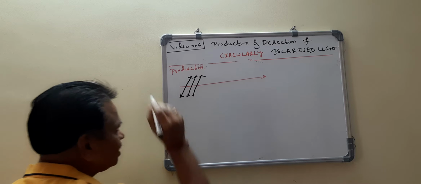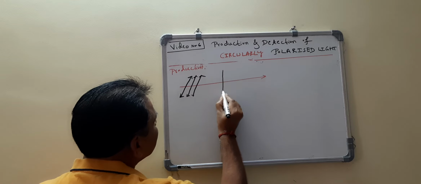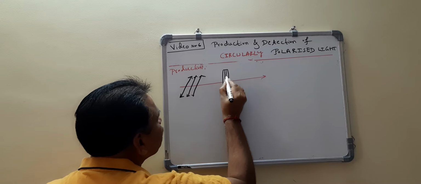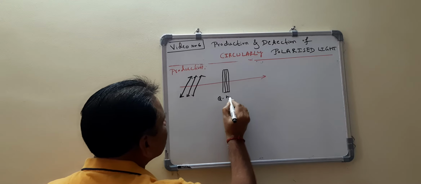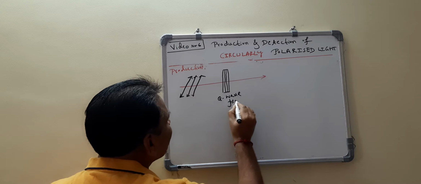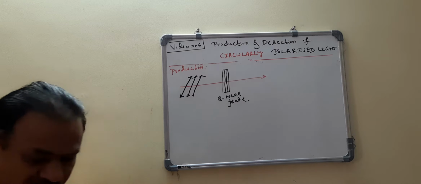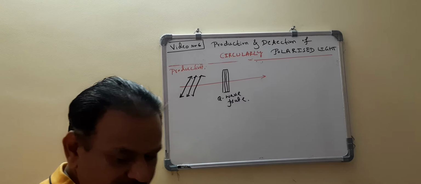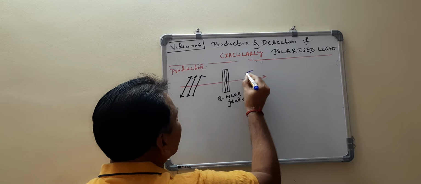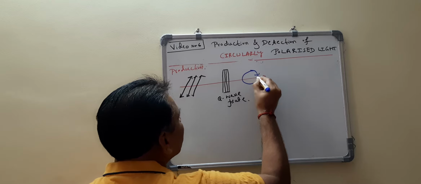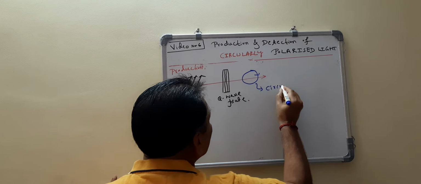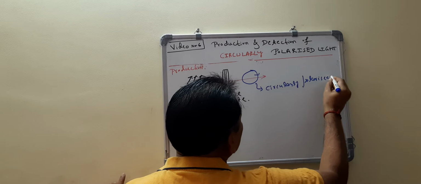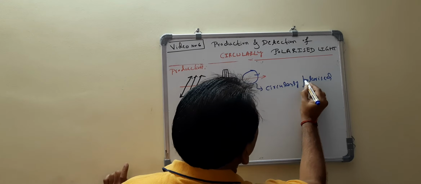This is the quarter wave plate. As a result, the outcoming wave is circularly polarized light.